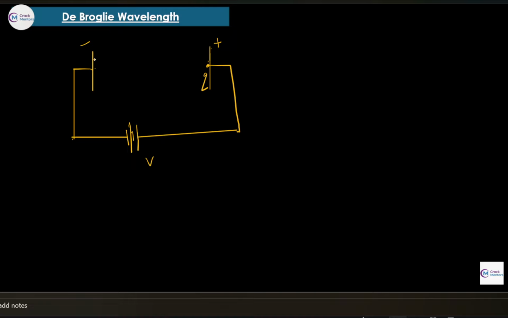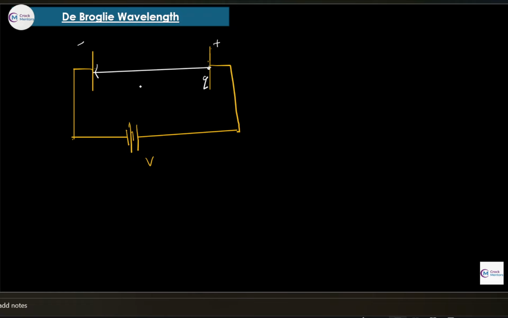Let me change the color. So this is charge Q. Here we have positive, here we have negative, so this charge must move in this direction.